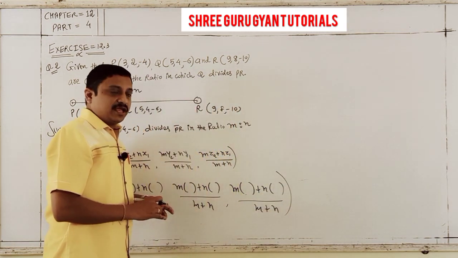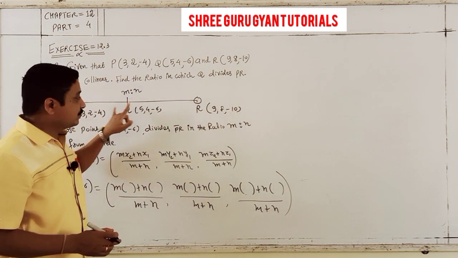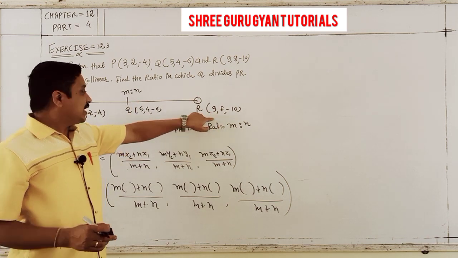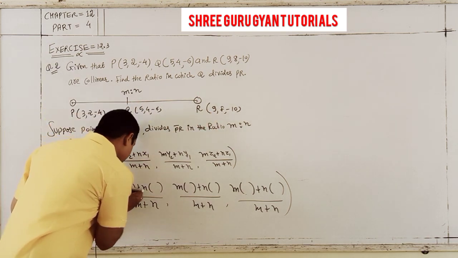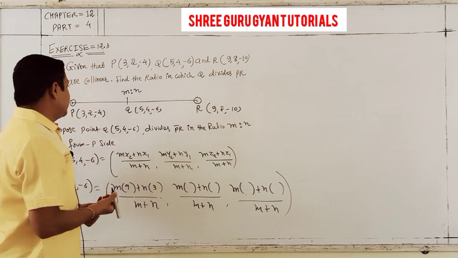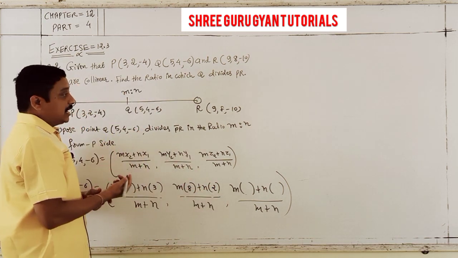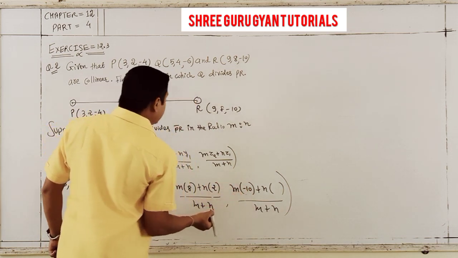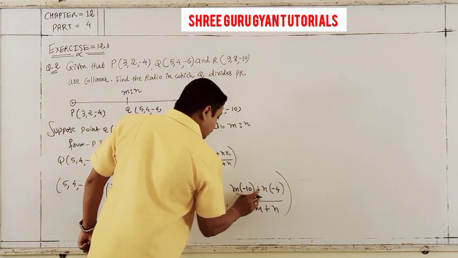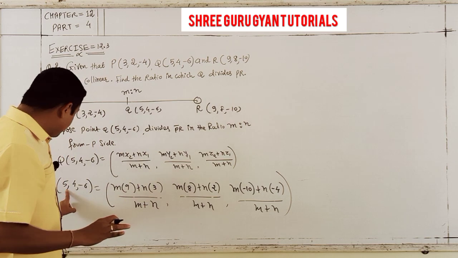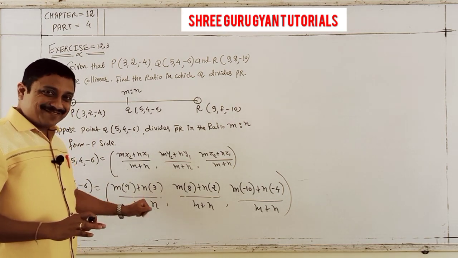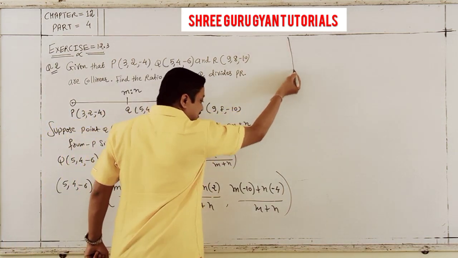And students, taking x1, y1, z1 as 3, 2, -4 and x2, y2, z2 as 9, 8, -10. Now compare the first with the first, second with second, and third with third.